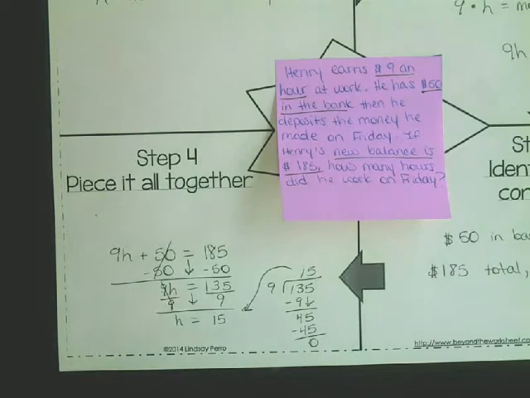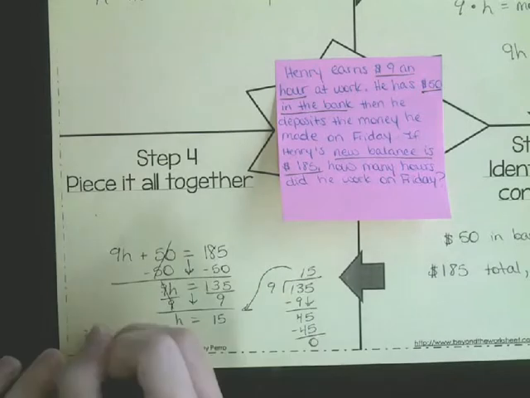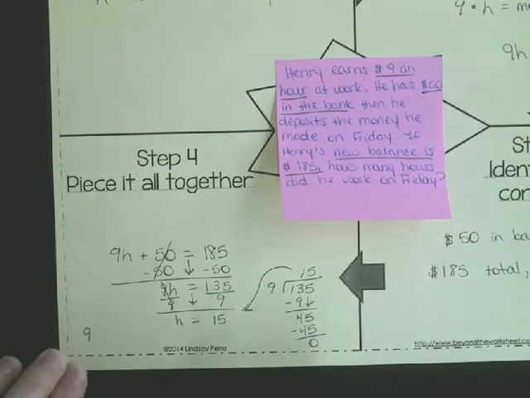Now, I'm going to take it a step further, and I'm going to ask you guys, how much money did he make on Friday working? I want you to pause. I want you to work that out. Okay, so how much money did Henry make on Friday working? Well, we know he makes $9 per hour, and now we know that he worked 15 hours.